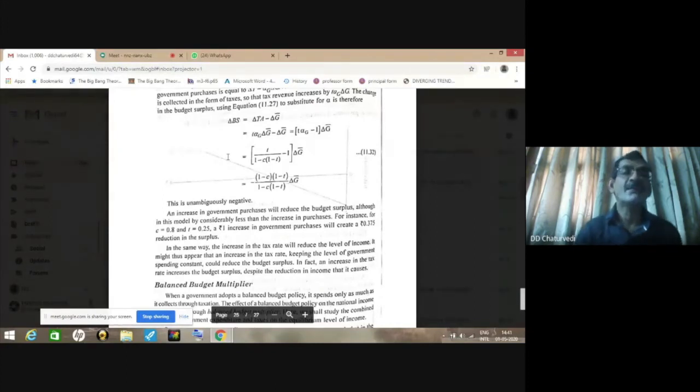I again repeat, delta TA, which we are solving in the next step, means delta small t into Y. Small t is constant, it can be taken out from delta.